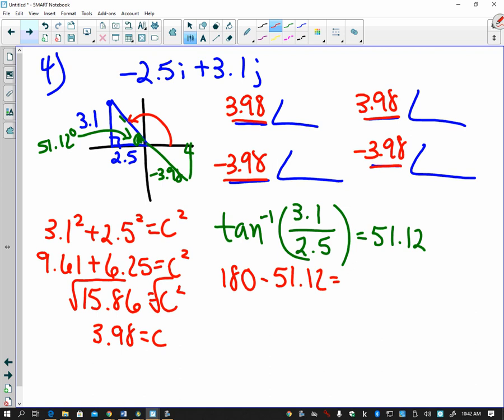So I'm going here, right? And going all the way would get me to 180, but I'm not going that far, so I need to subtract 51.12 from 180, and I'm going to get 128.88. Okay?